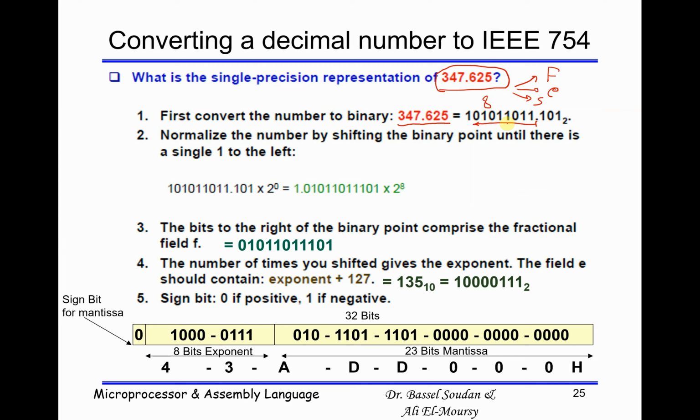When I shift it 8 positions to the left, I have to raise the power of the exponent to the value 8. So actually the number here, as it is shown here, this is the point. I shifted 8 locations here, so I ended up with the equivalent, which is 1.01011 and so on, multiplied by 2 to the power 8.